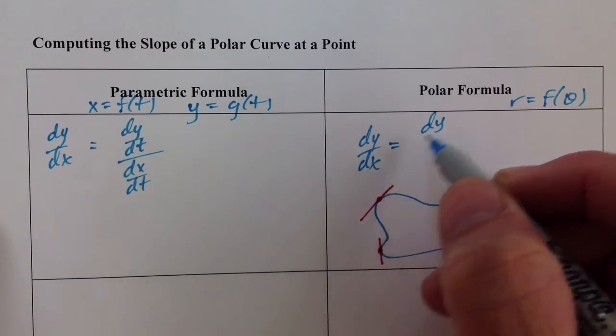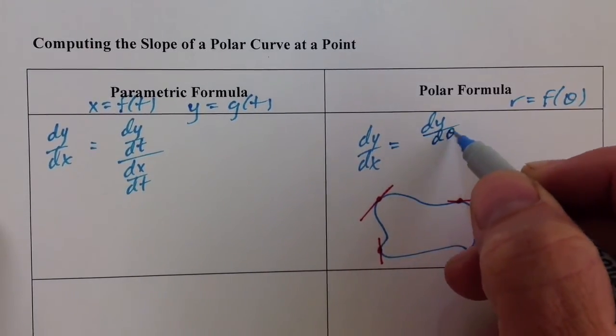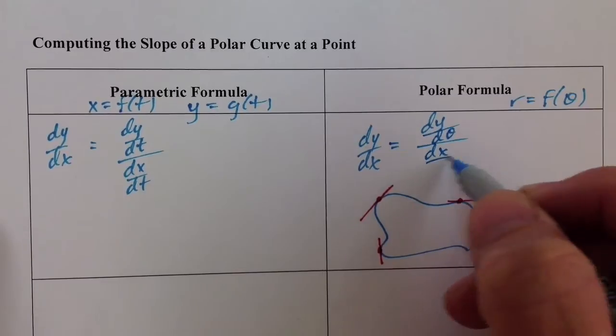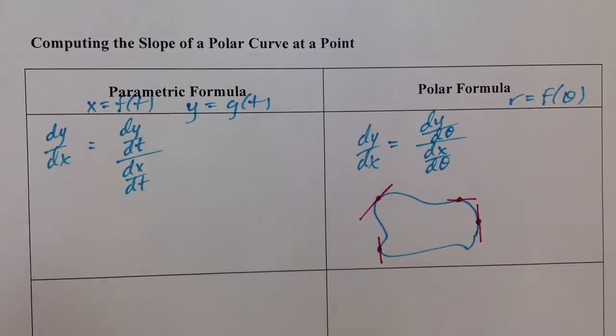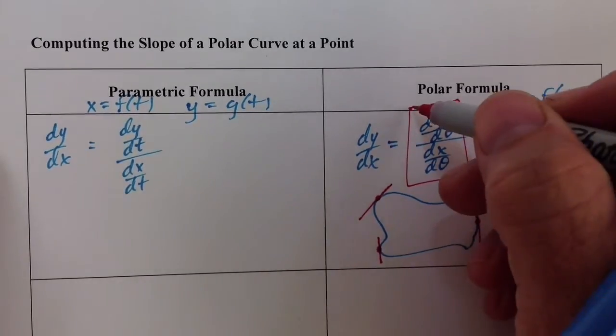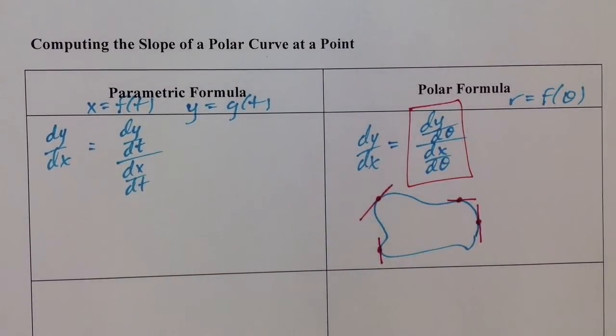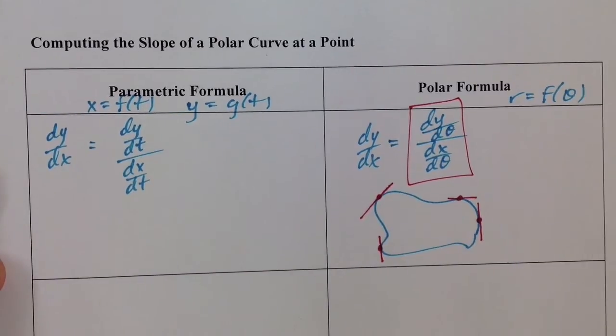Well, dy/dx is defined to be dy/dθ over dx/dθ. So we have a polar formula for the derivative at a point, or I should say the slope of the tangent line at a point. And that's exactly what we're trying to find, the slope of a polar curve at a point. So let's go ahead and calculate a couple of these.